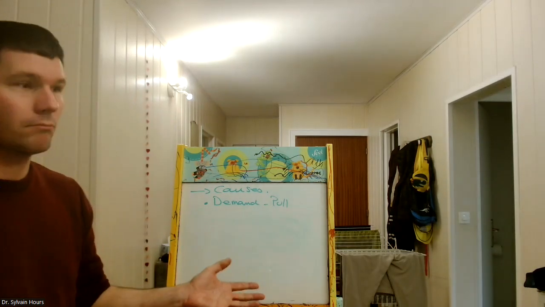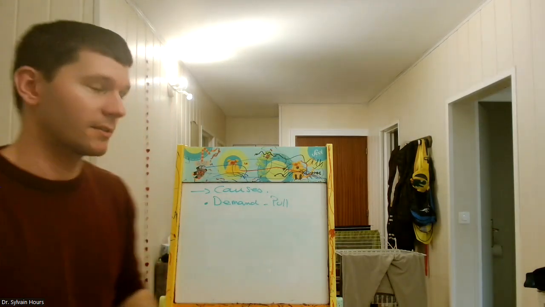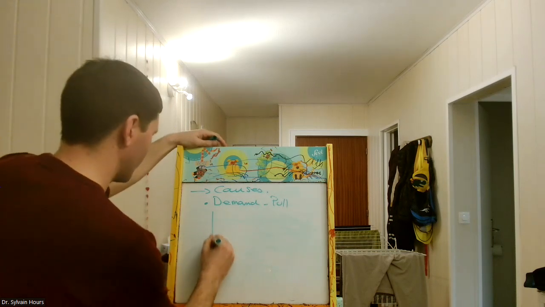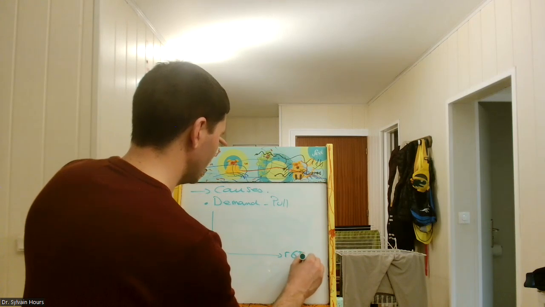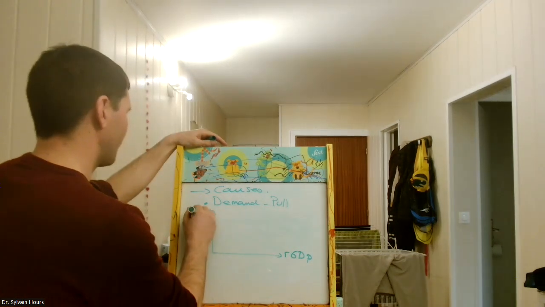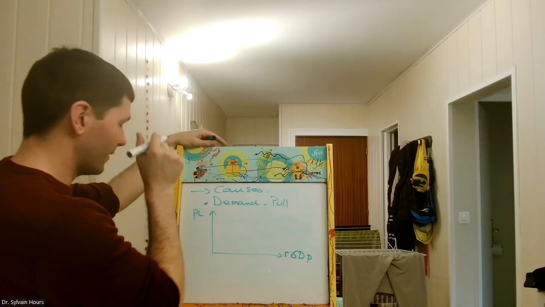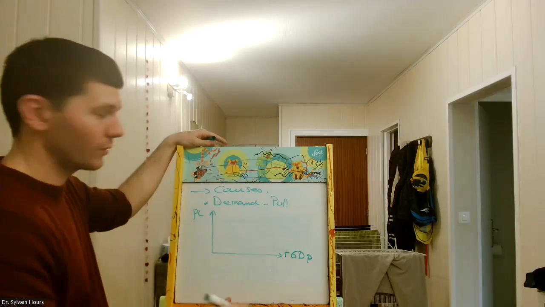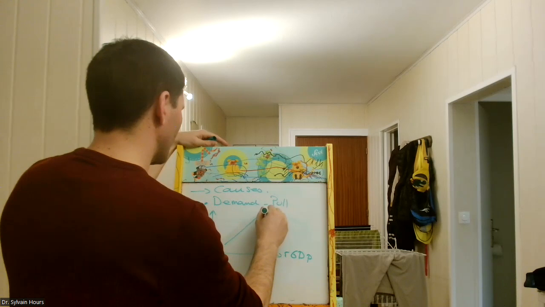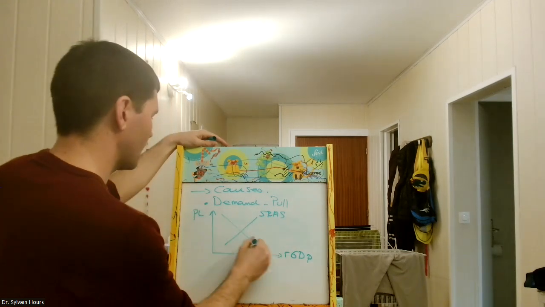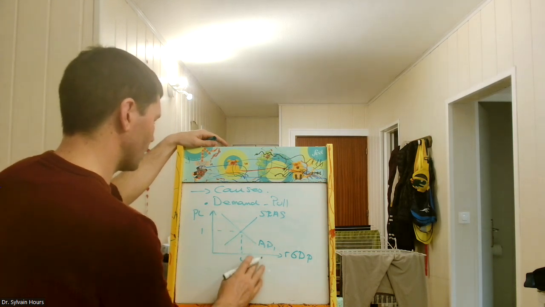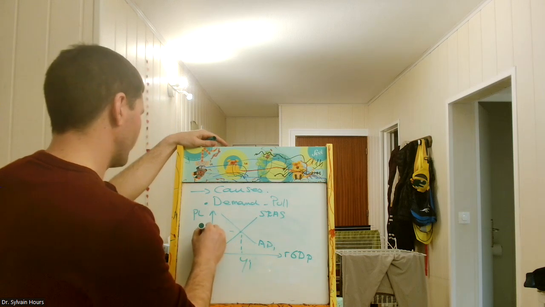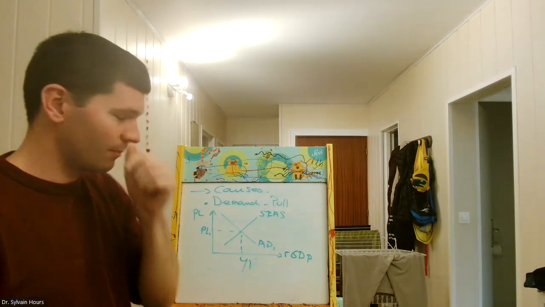So, there is not much to explain, you just need to graph it. Careful when you label your axes. Let's just put real GDP or aggregate output, and PL for price level. And don't bother, let's do the short-term monetarist model. So you have the short-term aggregate supply, you have your initial aggregate demand curve, Y star, Y1, PL1. Okay, so this is our benchmark.